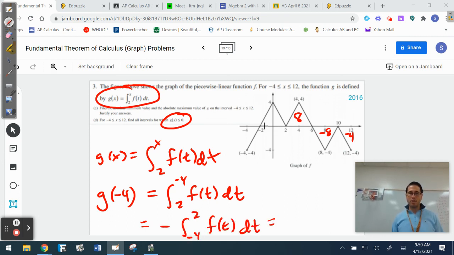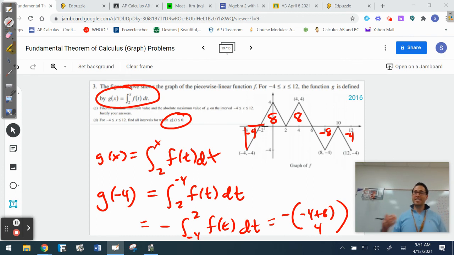Whenever they're backwards limits, I got to think of this right here. Right, class? So from -4 to 2, let's go ahead and find all of these areas, and then that's 2 by 4. If that's 2 by 4, that's -4, right? This area here is a +8. But if I go from -4 all the way to 2, it's going to be -4 plus 8, which is 4, but it's negative. Oh, how about that?